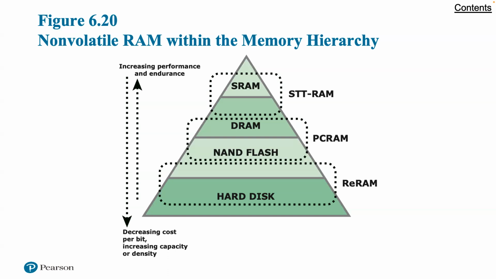Recently, there have been breakthroughs in development of new forms of non-volatile semiconductor memory that continue scaling beyond flash memory. The most prominent of these technologies are spin transfer torque RAM, STT-RAM, phase change RAM, PC-RAM, and resistive RAM, ReRAM, or sometimes called RRAM. All of these are in volume production.